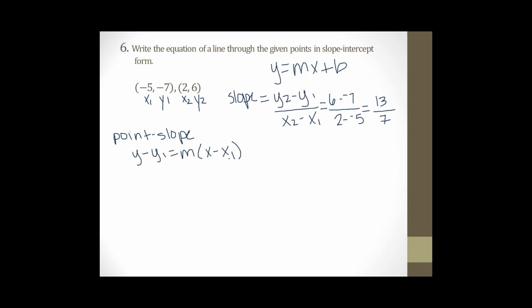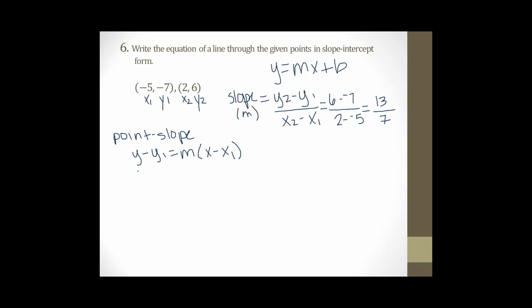Basically, the x1 and the y1 we're getting from one of the points that were given to us. We could use either point. We could use negative 5, negative 7, or we could use 2, 6. It doesn't really matter. Since I already labeled my points, I'll go ahead and use the first one to be consistent. So remember, m is your slope.